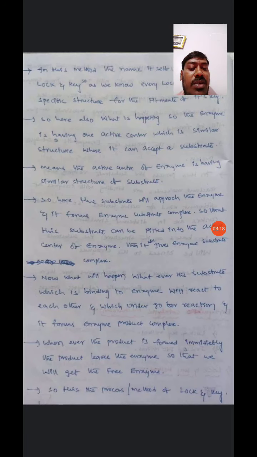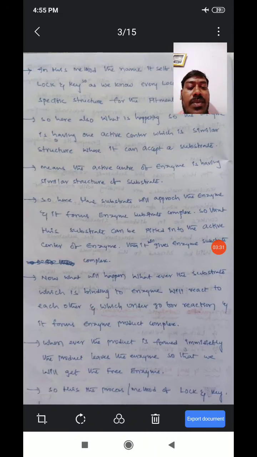Now the substrate which is binding with the enzyme undergoes a reaction and forms the enzyme product complex.